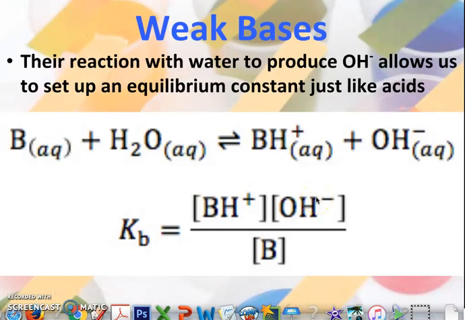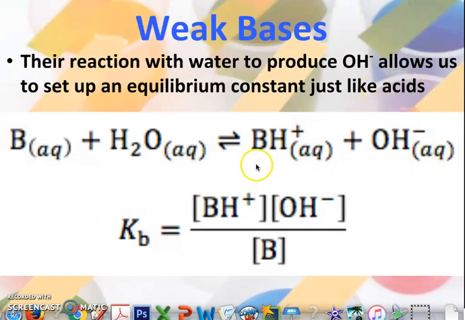The way you would set up your equilibrium constant, though, is pretty much the same as with Ka. The base reacting with water here gives you the conjugate acid, so our original base with the H plus attached to it, and hydroxide.